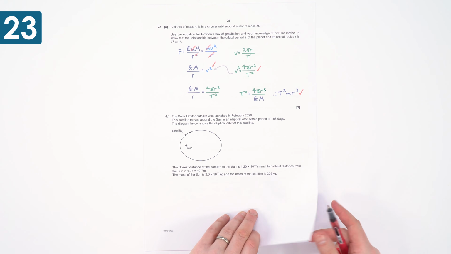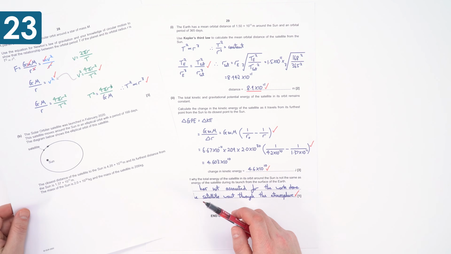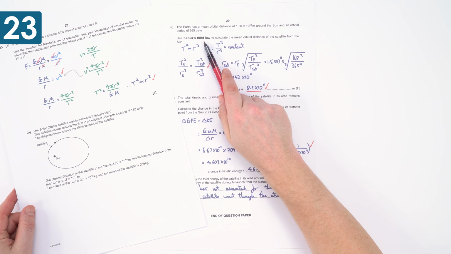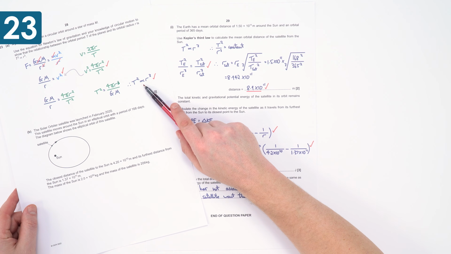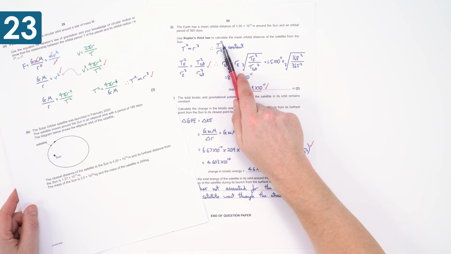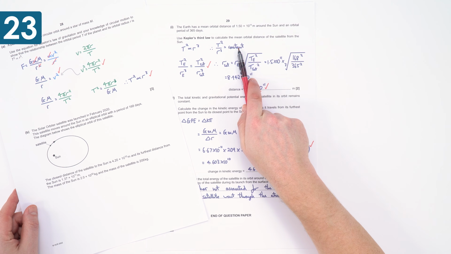The next question, we've got some data here, and we need to use Kepler's third law. So Kepler's third law is this. And of course, if we know that T squared is proportional to r cubed, then T squared over r cubed is going to be equal to a constant value.